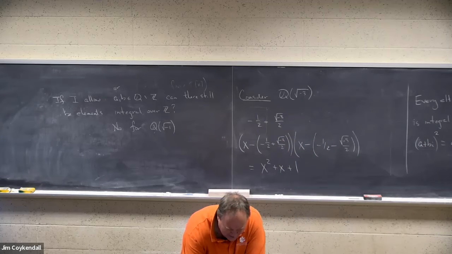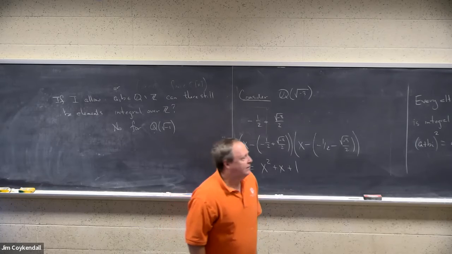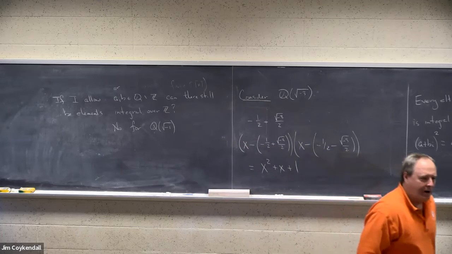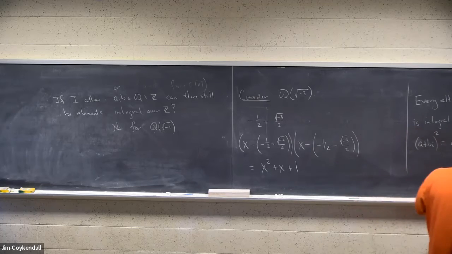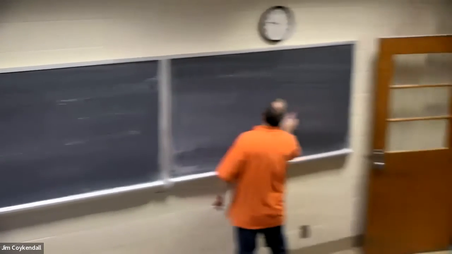So let me give you kind of a little bit of a spoiler here. So hopefully we've got some examples there to give us on our feet about integrality, right? Obviously they're all over the place. Now let me point out something that I think is not obvious, right?